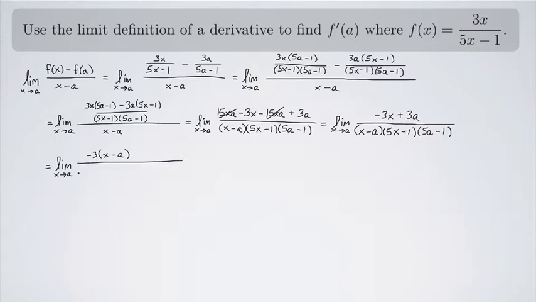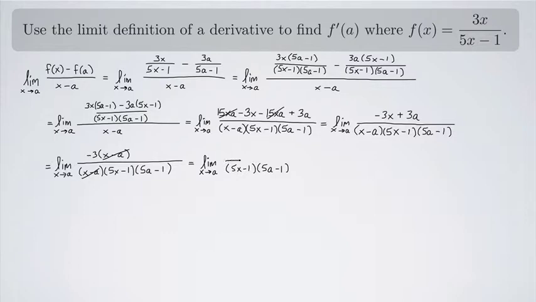And then in the bottom I have still x minus a, 5x minus 1, 5a minus 1. And now you can see why I didn't multiply that out, because look, x minus a, those are gone.